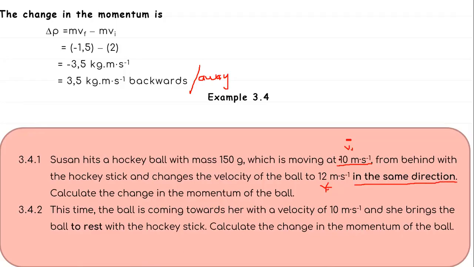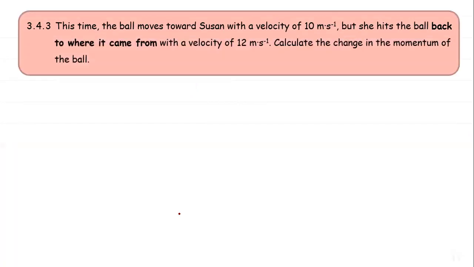So the momentum of the ball is definitely going to change because the initial velocity is not the same as the final velocity. And the mass is in grams. So we are then forced to convert it to kilograms. Now, let us answer that question.